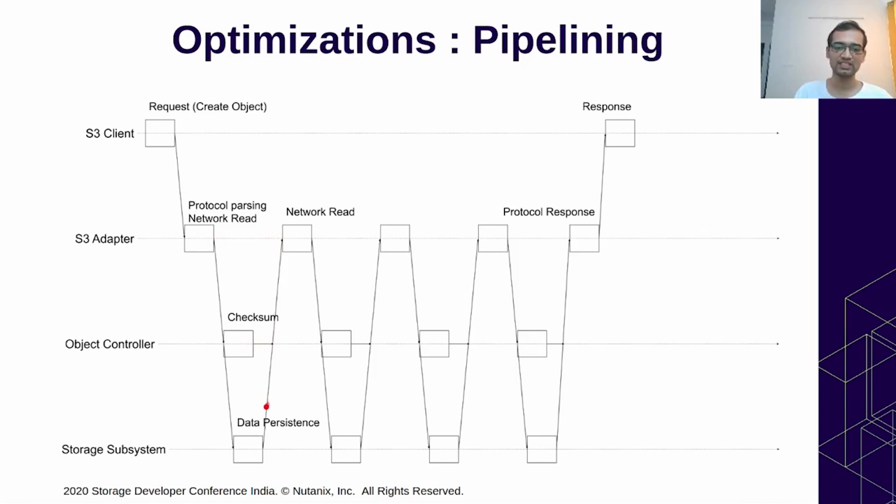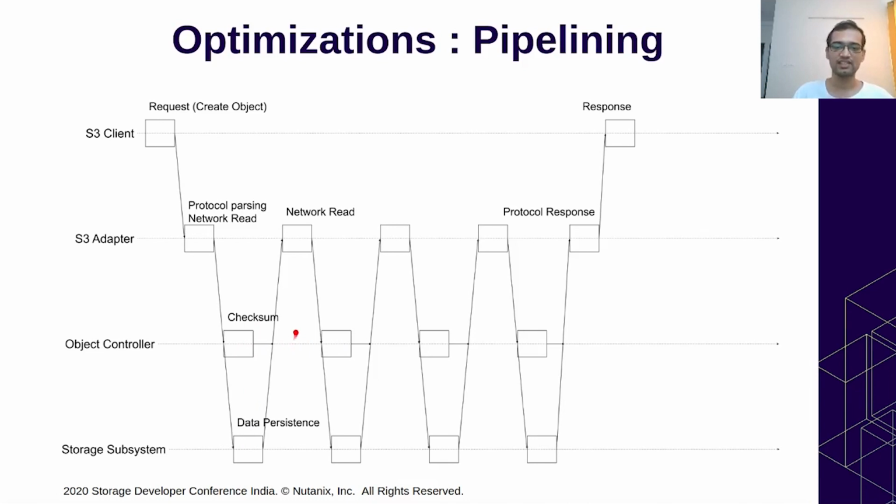Once both the checksum and data persistence operations are complete, we send the acknowledgement of the first chunk, and the S3 adapter can continue reading from the next chunk onwards. And this way we essentially hide the twofold latency of the checksum and data persistence with just one operation worth of latency.